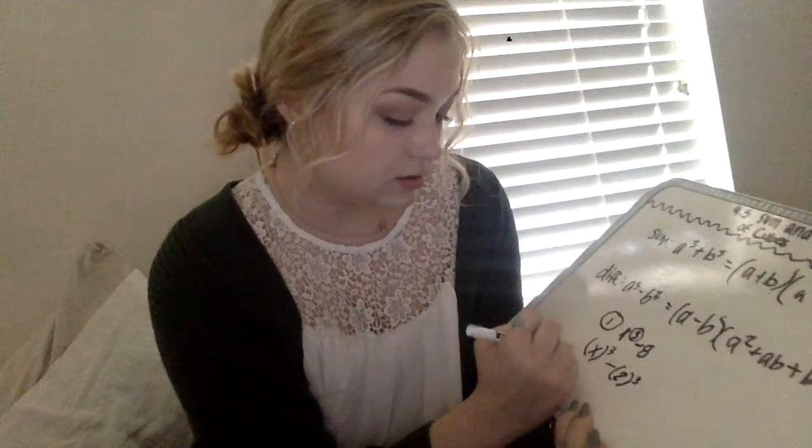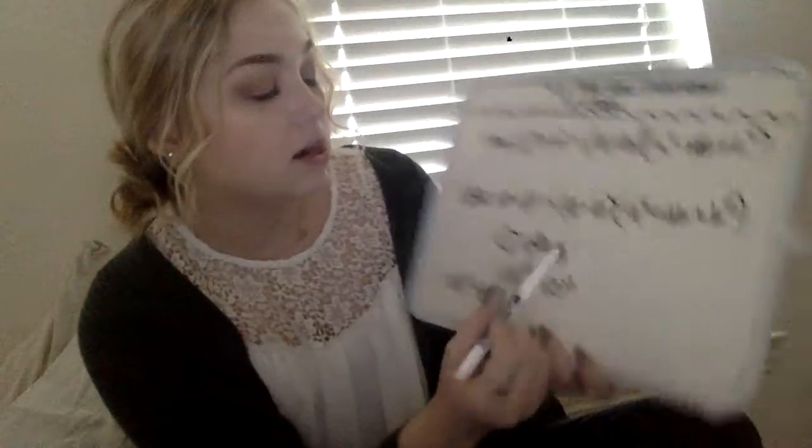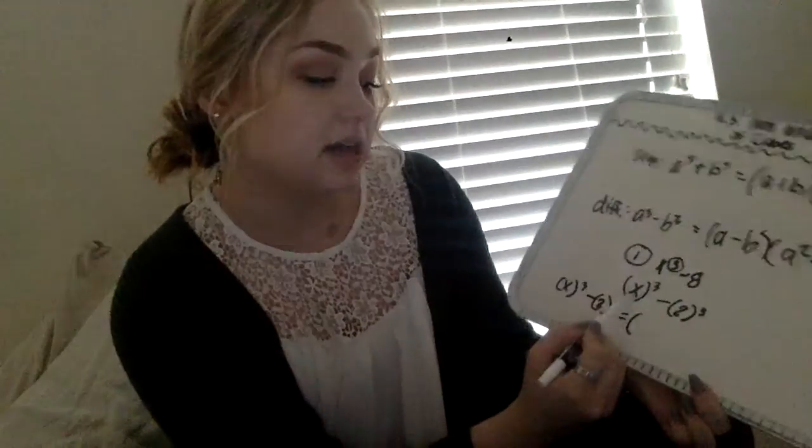And then you're going to take these variables, x and 2, and plug them into this equation right here. So you're going to put equals, and then a minus b, which is going to be x minus 2.